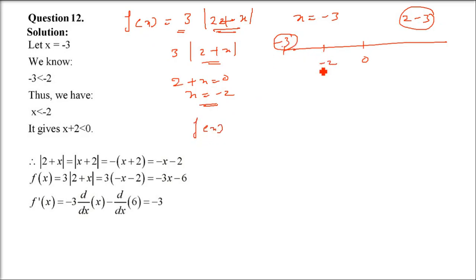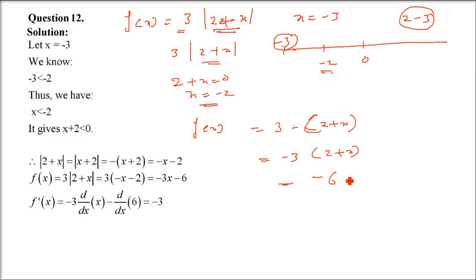So mod 2 plus x will be negative of 2 plus x. When you remove this mod, it's going to be negative of 2 plus x. So 3 into this mod, I am just replacing with minus (2 plus x). So minus 3 (2 plus x), which is going to give you minus 6 minus 3x.